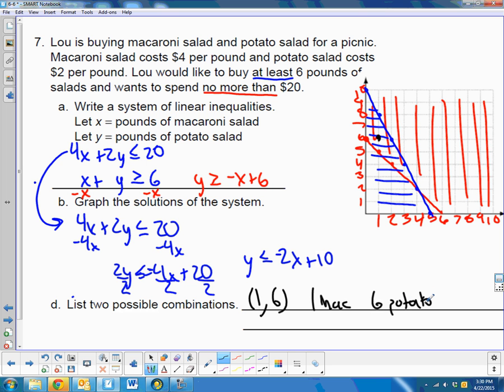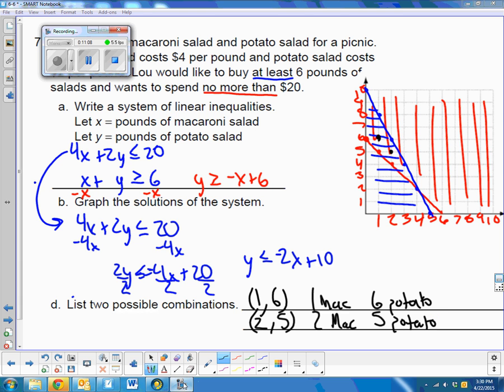Sorry, 6 potatoes. Yeah, I could choose then 2, 5 maybe. There's another solution. You could choose 1, 7. There's lots of different answers. I'm going to use these ones. So I chose 2, 5, which would be 2 macs and 5 potato salads. And that's how we get that solution here.